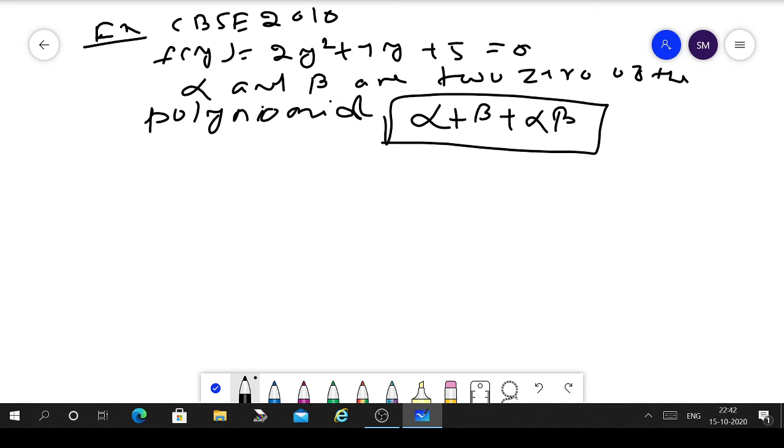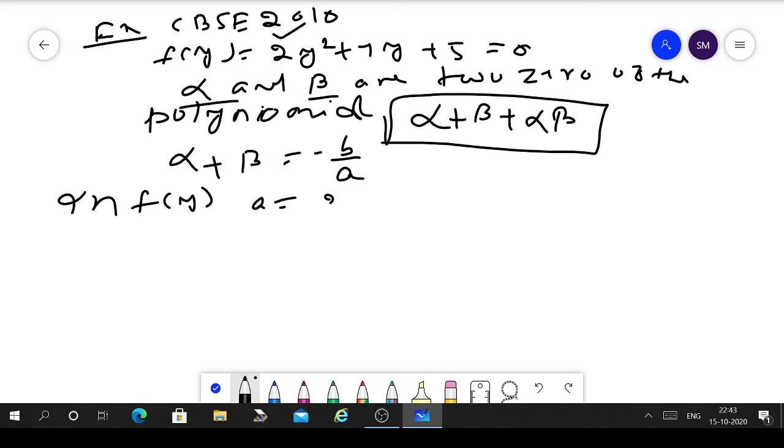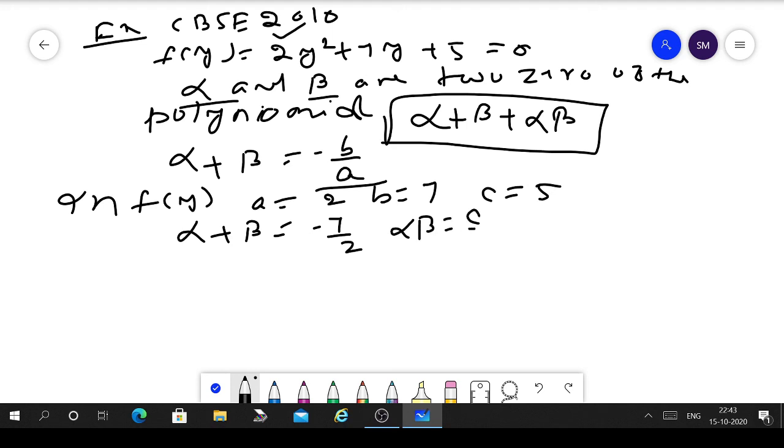According to the identities, as alpha and beta are the zeros of the polynomial, alpha plus beta is equal to minus b by a. Here in f(y), a equal to 2, b equal to 7, c equal to 5. Then alpha plus beta is equal to minus b by a, which means minus 7 by 2, and alpha into beta is equal to c by a, which means 5 by 2.